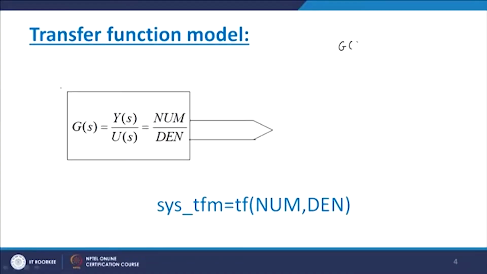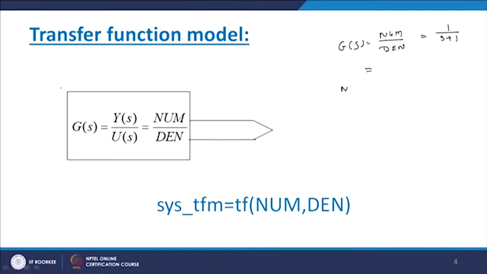Now, about the transfer function. Transfer function, as I have seen, G of s equal to numerator by denominator. Suppose we have transfer function 1 divided by s plus 1, this is a simple transfer function, and this we have to write in MATLAB.